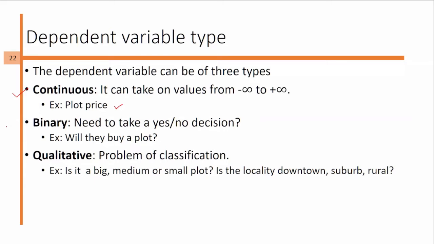It can be binary, for example whether a customer who makes an appointment will buy the plot, a yes or no decision. And the third type is qualitative, for example whether the plot is small, medium or big. This is a problem of classification.